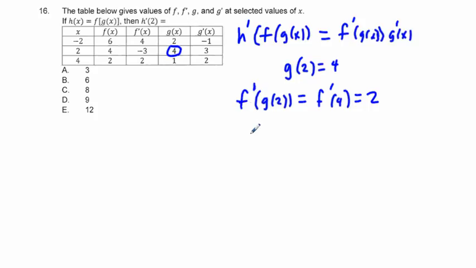And then finally, g prime of 2, we go to g prime of 2, we get 3.